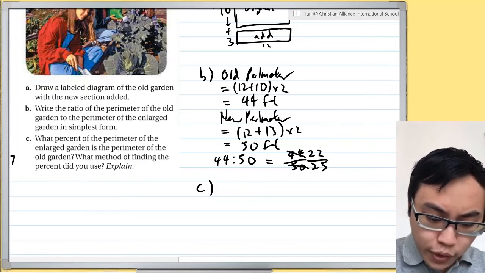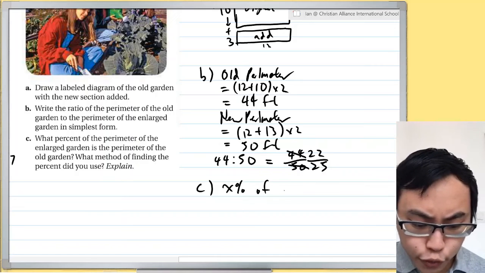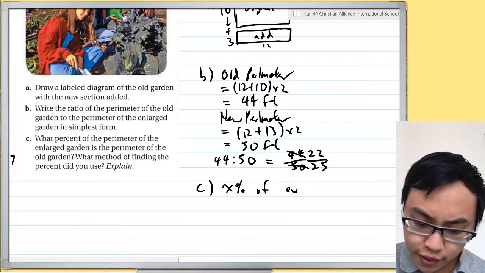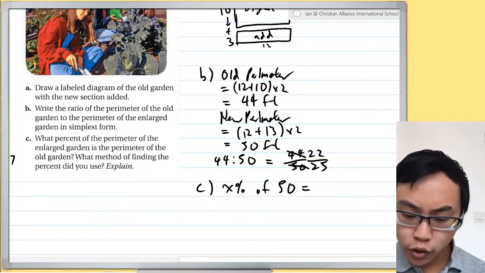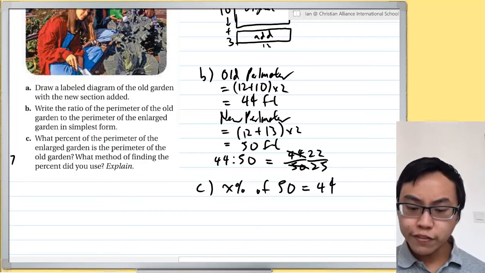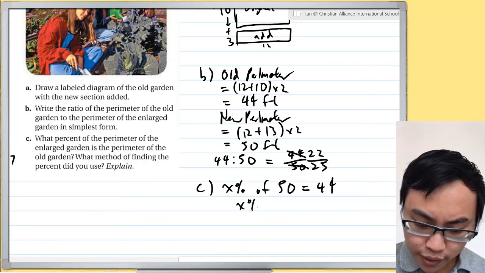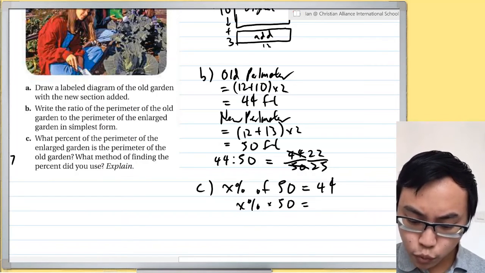So we want to find something percent of the new garden, which is 50, is equal to the old garden, which is 44. That's going to be X percent times 50 is equal to 44.